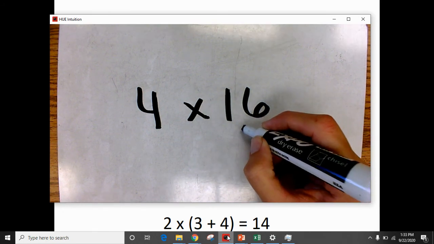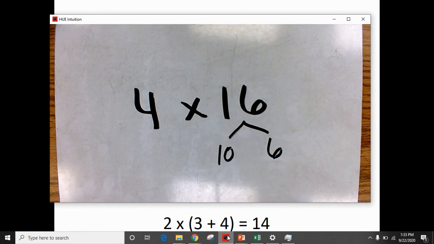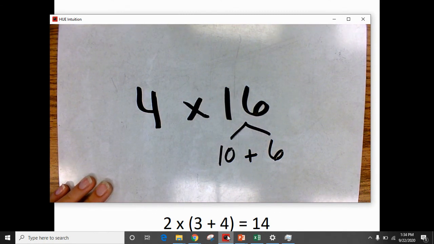I could think about breaking 16 into a 10 and a 6. And the distributive property tells me that I'm allowed to do this. It says I can do 4 times (10 plus 6).